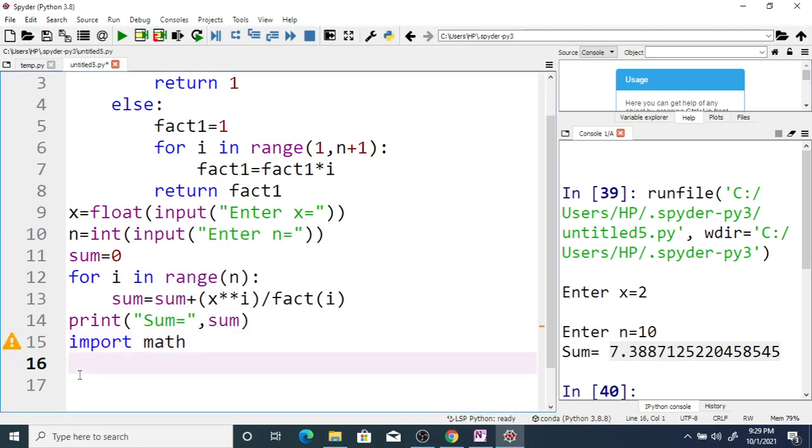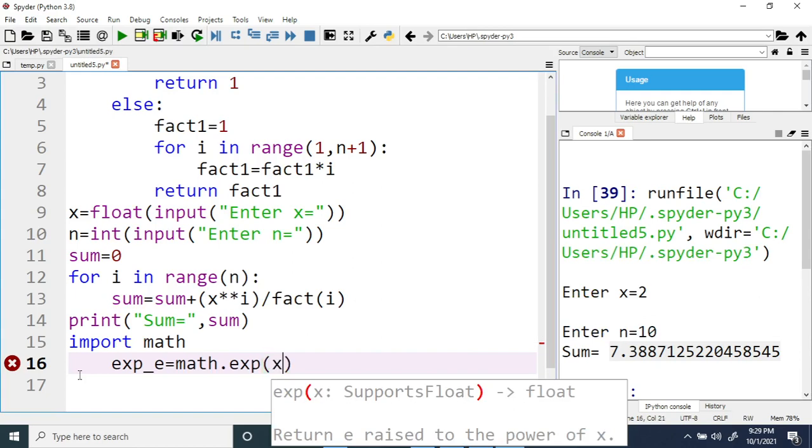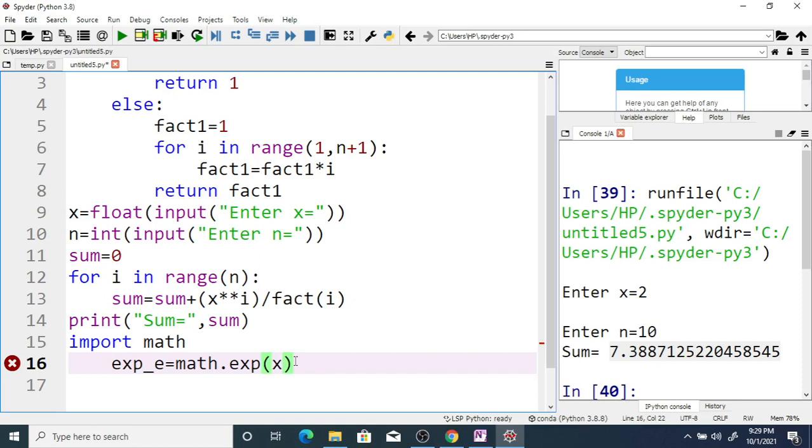Now we can enter the exact value, say exponential e is equal to math.exp of x, and you can obtain the exact value of e raised to x by using this function, and you can print this value.